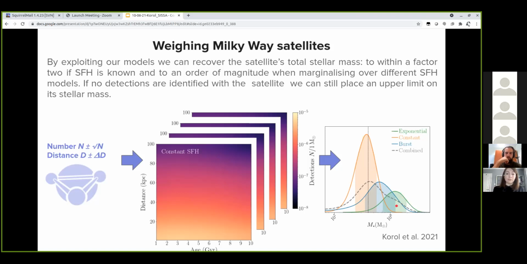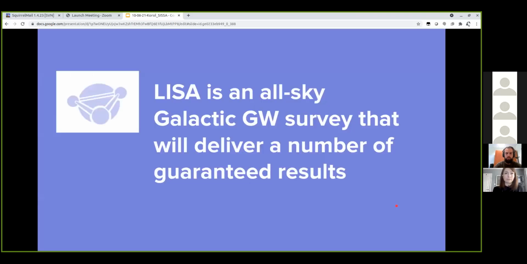And actually, even if no detections were found in the LISA data, we can still place an upper limit on the satellite's mass using this same method. So importantly, LISA will provide an independent measurement with an uncertainty that must be accounted for jointly with electromagnetic observations for the satellites' masses.